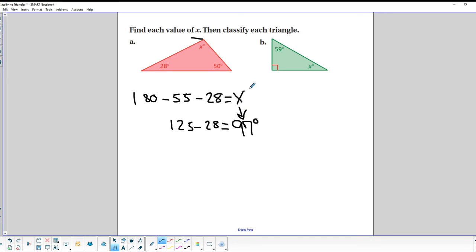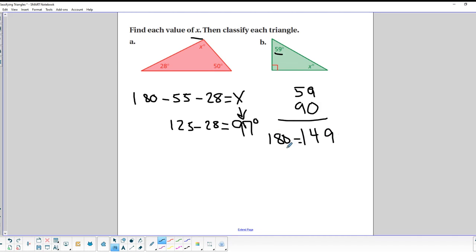All right, pretty straightforward. Okay, in this next one, you know that you got a 59-degree angle. And because of that little red box in the lower left-hand corner, you know that's a 90-degree angle. And if you add those up, you end up with 149 degrees. And you subtract that from 180.